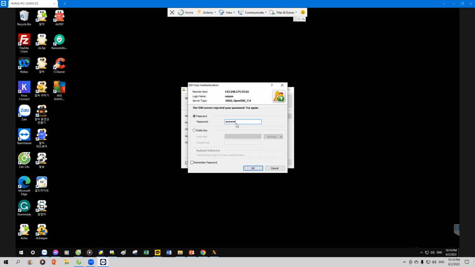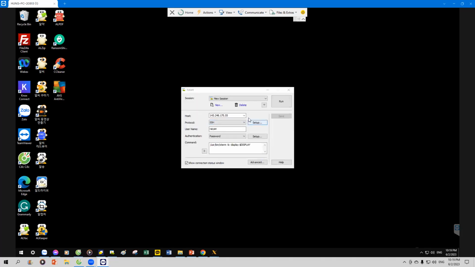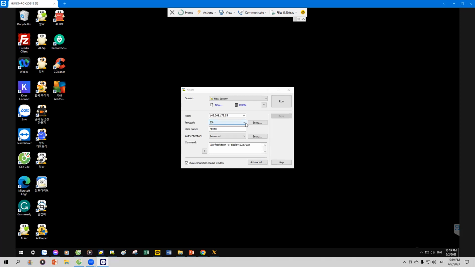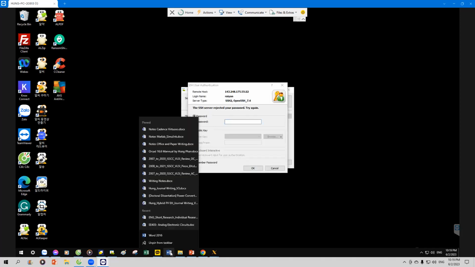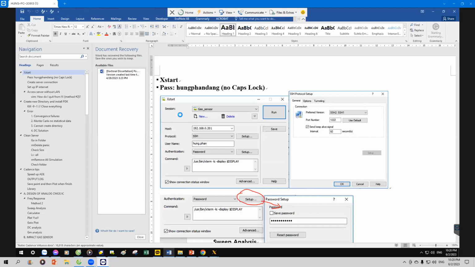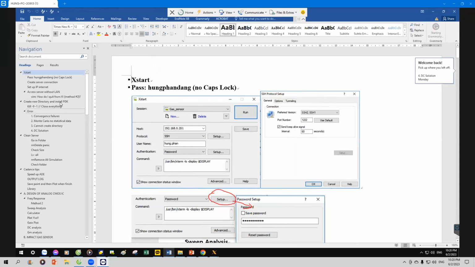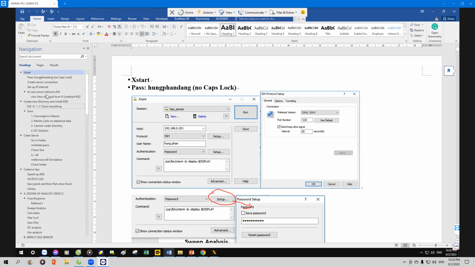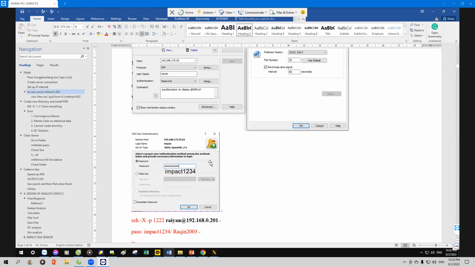Are you still saving your simulation result? I didn't understand. Your waveform, are you still saving it in Cadence? Can I open your simulation? No, I just saved this. I did not save the simulation result.